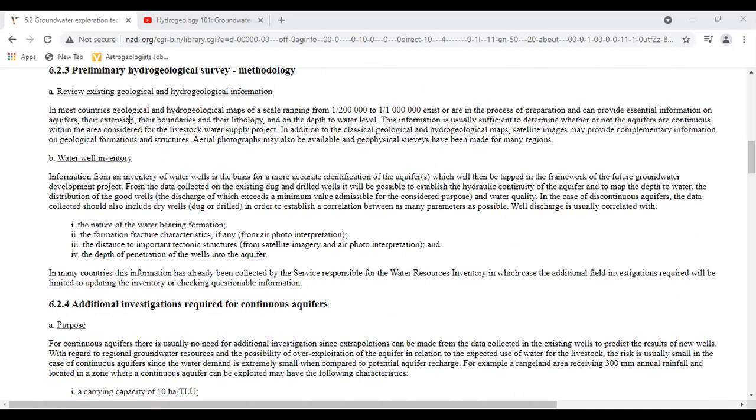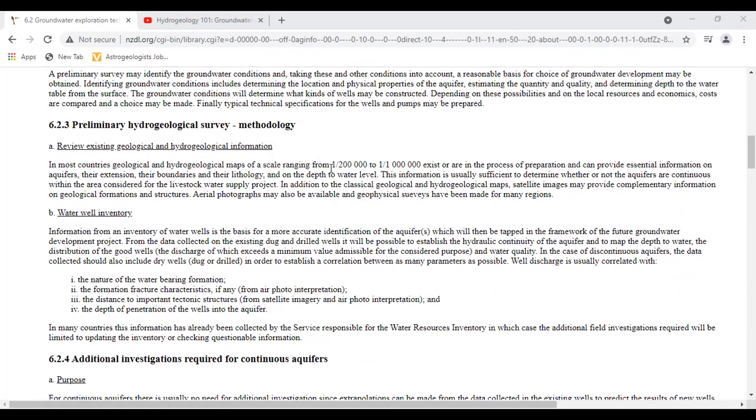In most countries, geological and hydrogeological maps of a scale ranging from 1 by 2 lakhs to 1 by 10 lakhs exist or are in the process of preparation and can provide essential information on aquifers, their extension, their boundaries, and their lithology, and on the depth of water level.